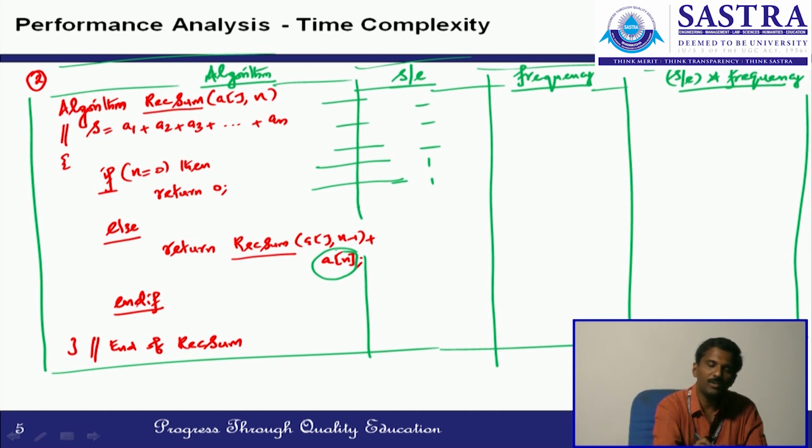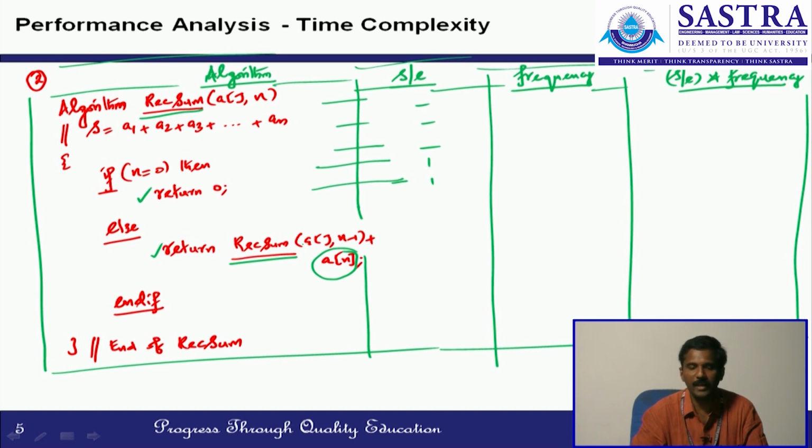In case of return 0, the value 0 is returned, so simply it takes a step per execution value of 1. However, this return involves a recursive procedure. Since the algorithm name is recursive sum, here also the name is recursive sum.